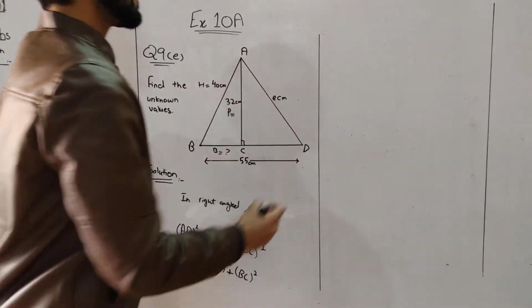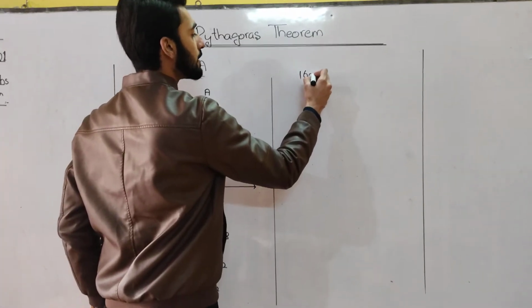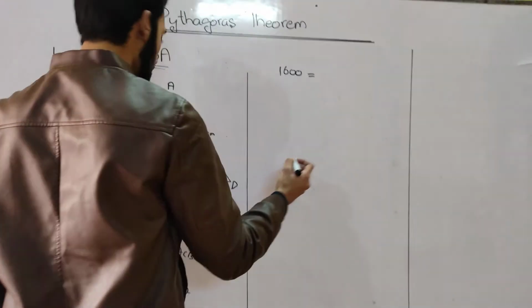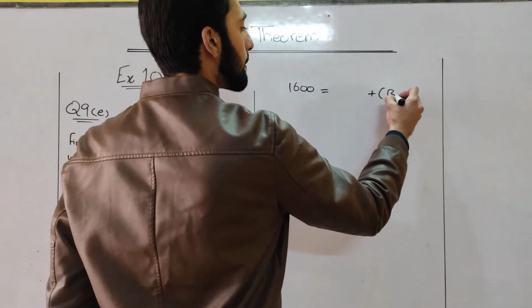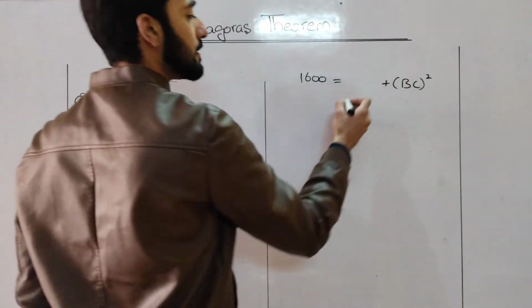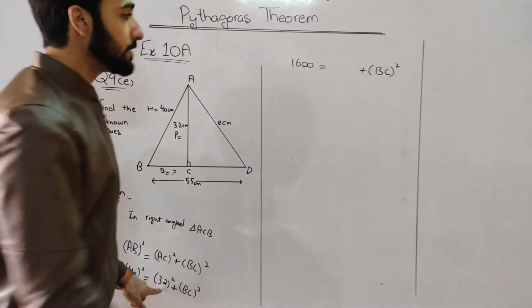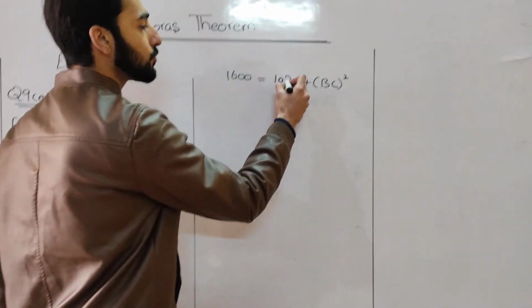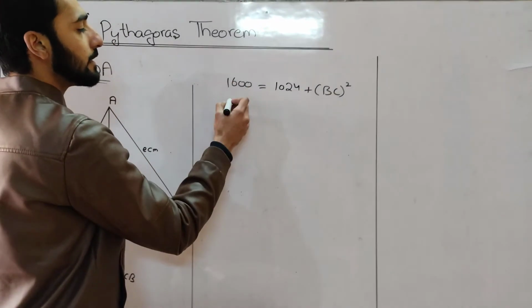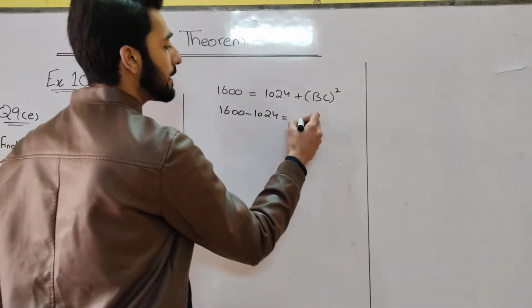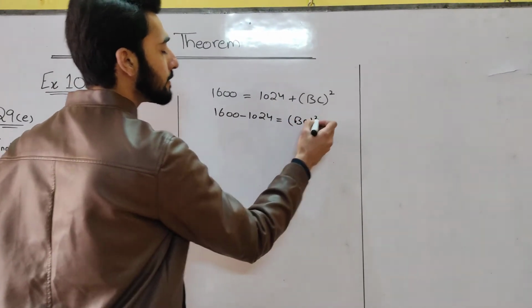Now the square of 40 is 1600, which equals the square of 32 plus the square of BC. The square of 32 is 1024, and when we take it to the left side, it becomes minus 1024, and the square of BC remains.